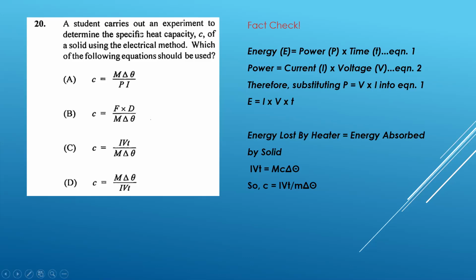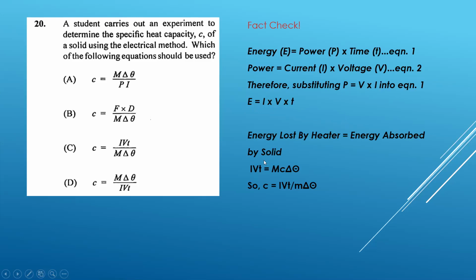Electrical power is equal to V times I, and if we multiply V times I by T, we are going to get the energy. So I times V times T gives us the energy, because I times V is the power, and power times time gives us the energy.